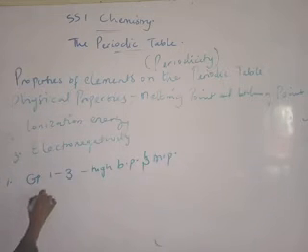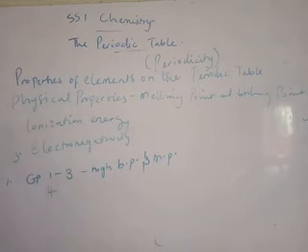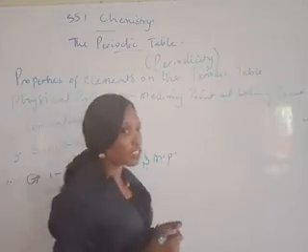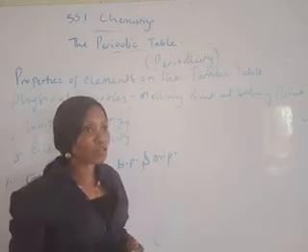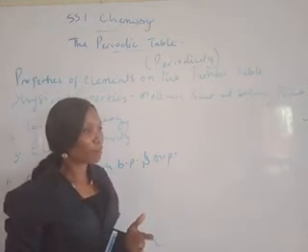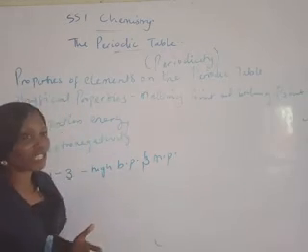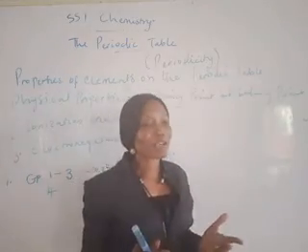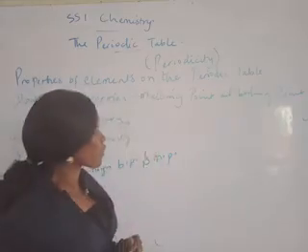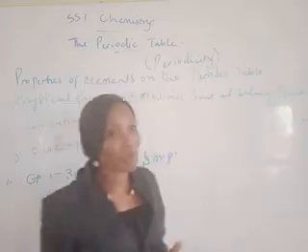Now for group 4, from the periodic table we just drew here, an example of an element in group 4 is carbon. And you've treated carbon and its compounds. We said we have crystalline and non-crystalline forms of carbon. An example of a crystalline form of carbon is diamond.